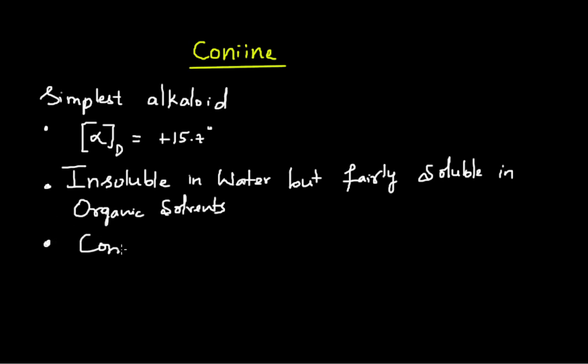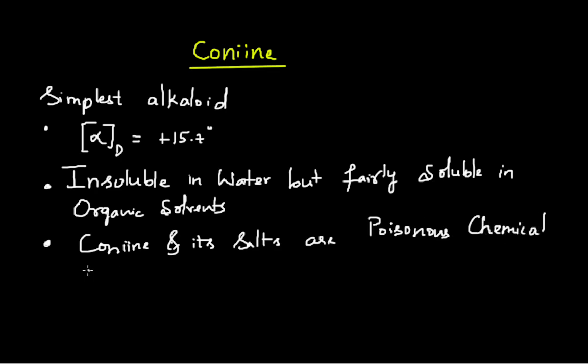So coniine and its derivatives are poisonous chemical compounds. In fact, legend has it that Socrates, way back in 300 BC, was sentenced to death by drinking a coniine-containing mixture of poison hemlock.